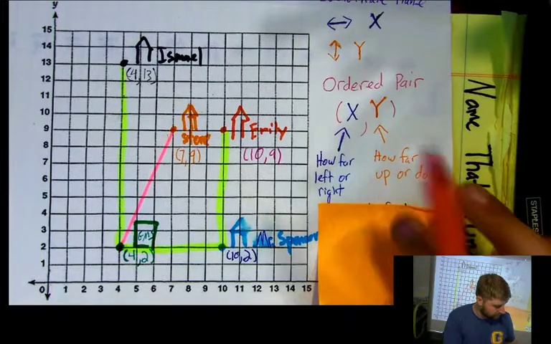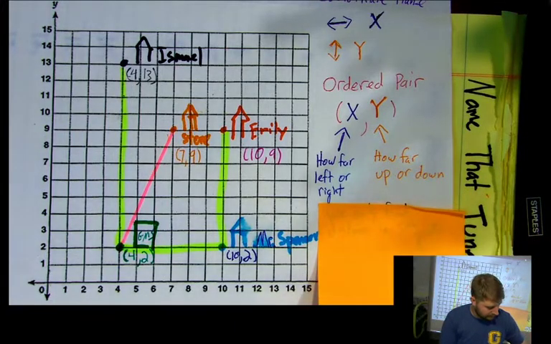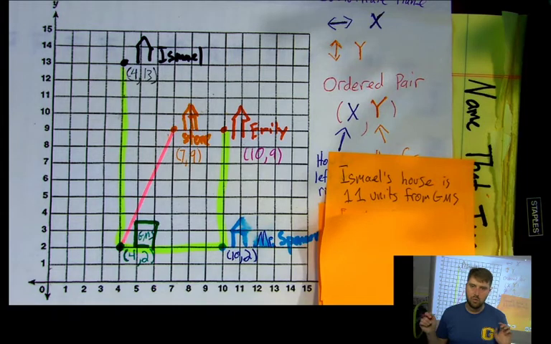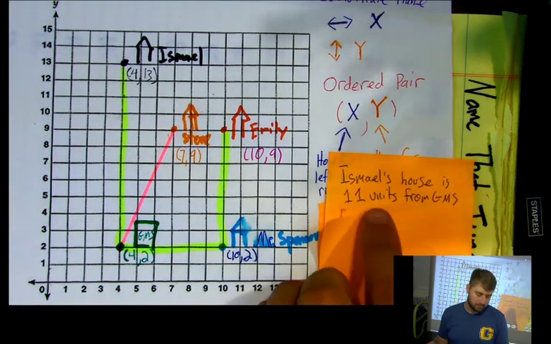Okay, and guess what? That's right. Ishmael's house is 11 units from Gillisville Middle School. With distance, we also always want to have a unit, so feet or miles, or if nothing is specified, we'll just say units.